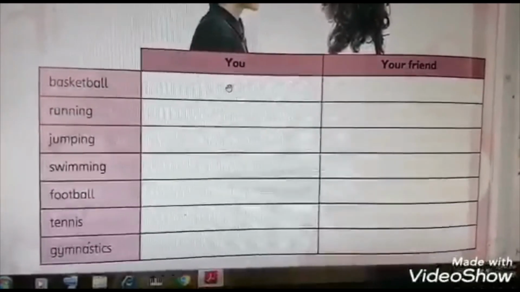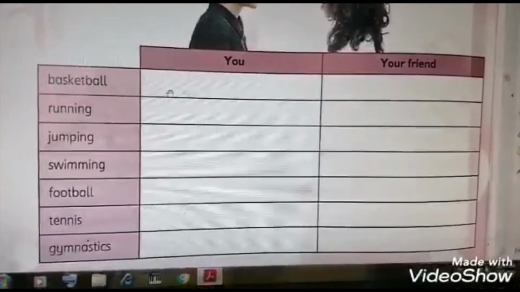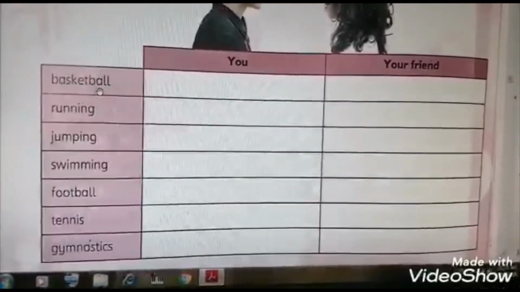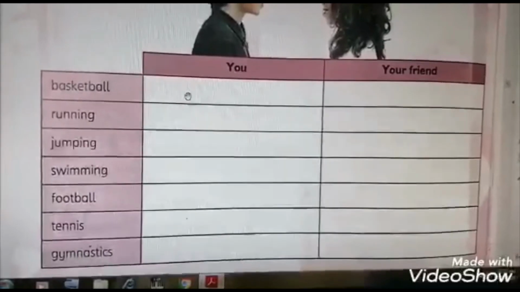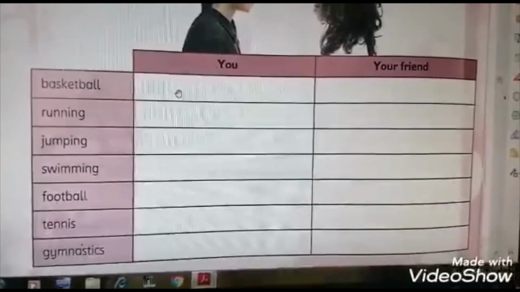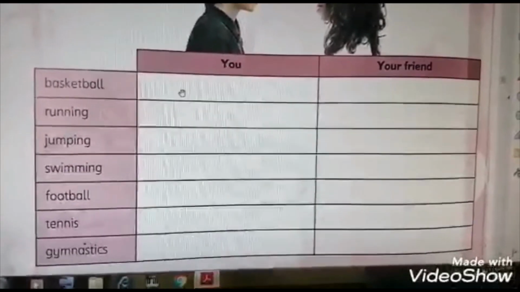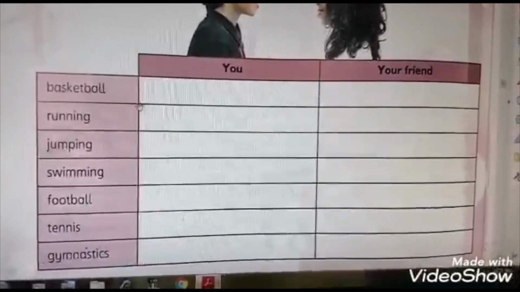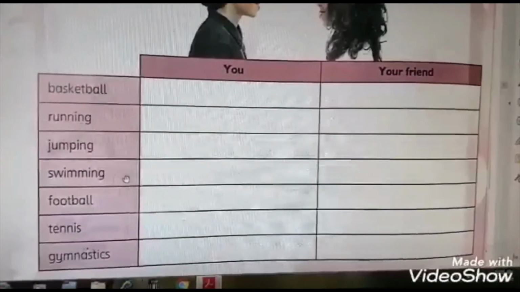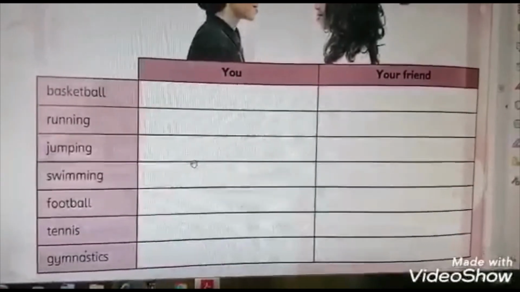Take turns and play this game. Number 1: are you good at basketball? And write your answer. No, I'm not good at. Or you can say, I'm bad at basketball. The rest of the activities you have to choose according to your choice.